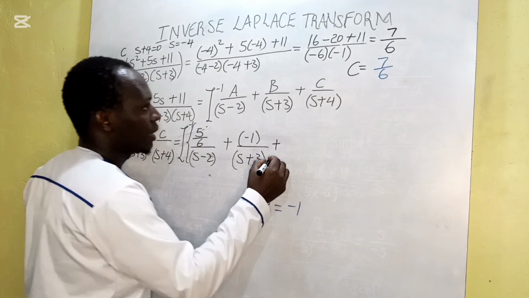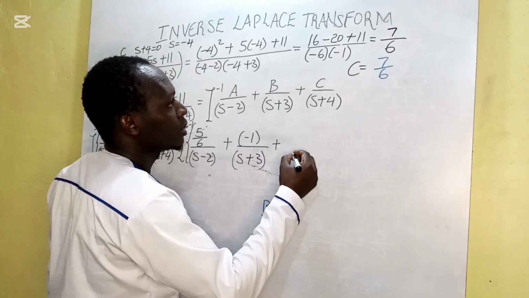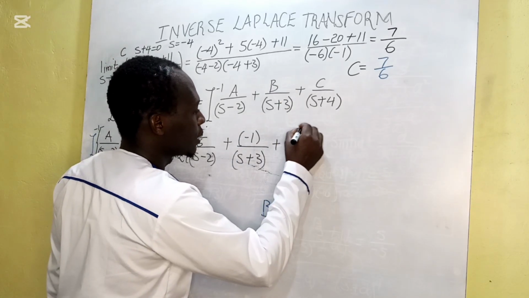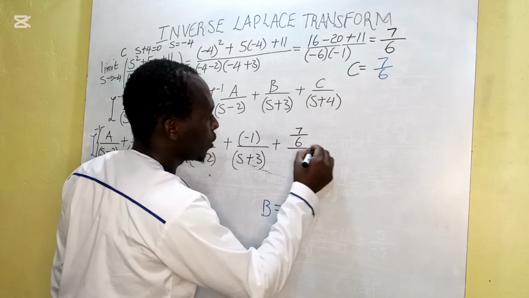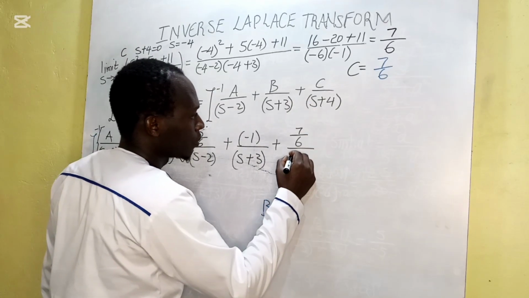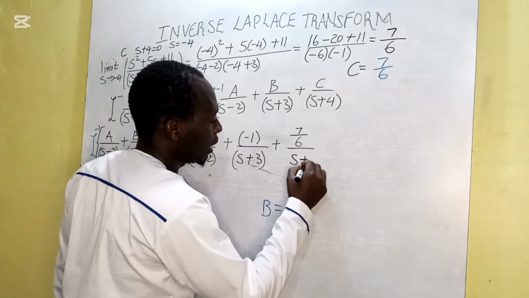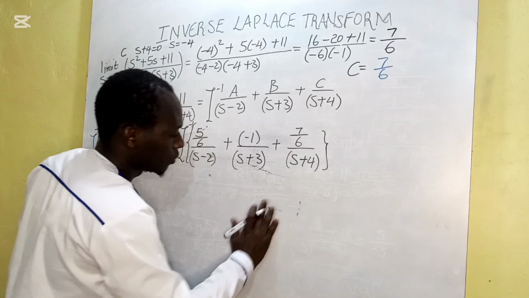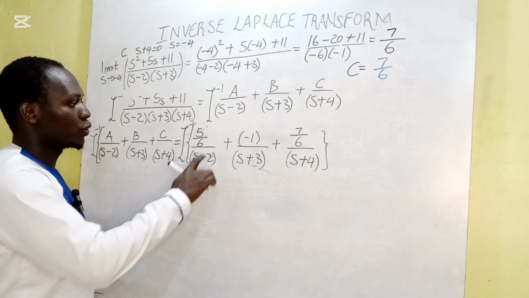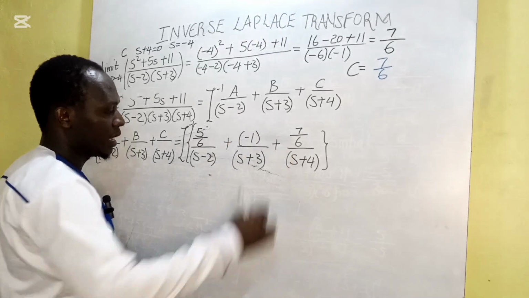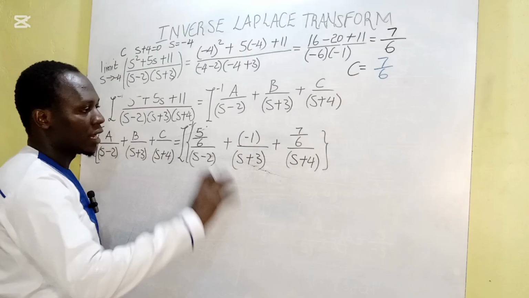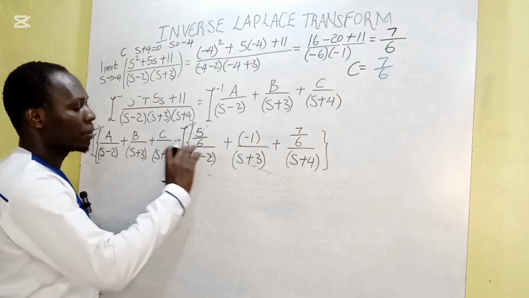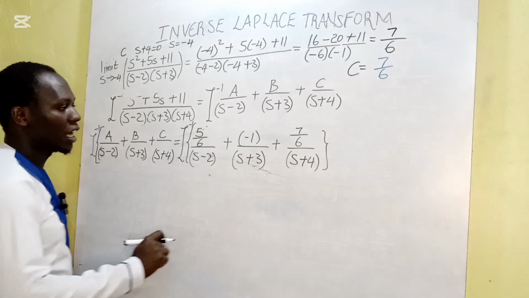We come and add the value of C, 7 all over 6, all over S, we add to 4. Now we've replaced the values of A, B, and C. Let us now have the inverse Laplace transform of each and every function here.